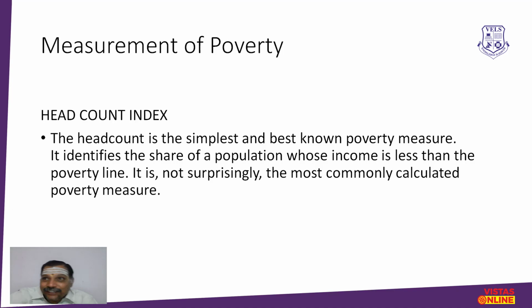Now we'll get into the technical session, that is, four different tools to measure poverty. The first one is the head count index. The head count is the simplest and easiest, and also the best way to know the poverty level, because it identifies the share of people who have less income and come under the poverty line.